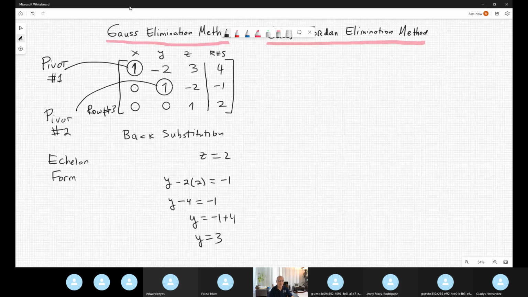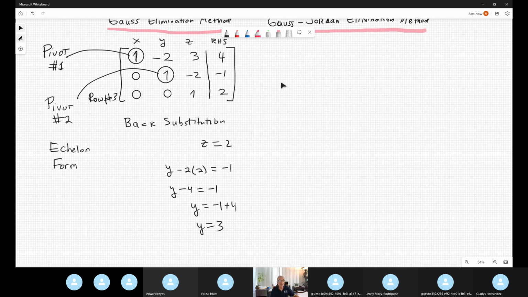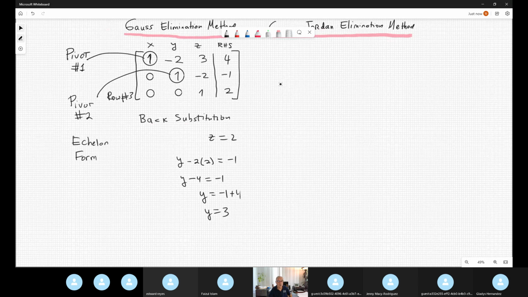Okay? And finally, in order to find the x value, well, back substitution. Again, you take now the first row, and the equation for the first row is x minus 2y, but y is 3, plus 3 times z, z is 2, equal 4.